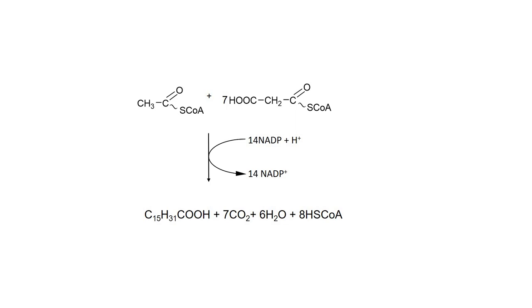Here is the general equation for palmitic acid formation. As we see, 1 mole of acetyl coenzyme A and 7 moles of malonyl coenzyme A must be spent.